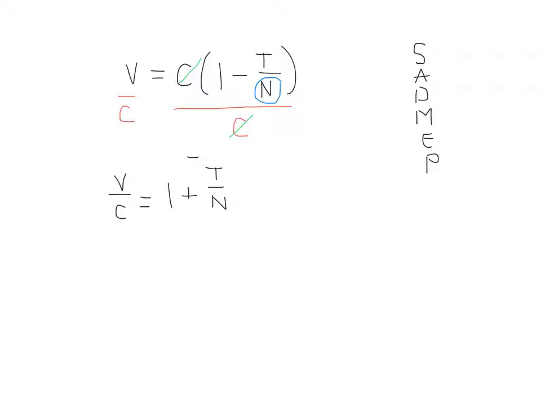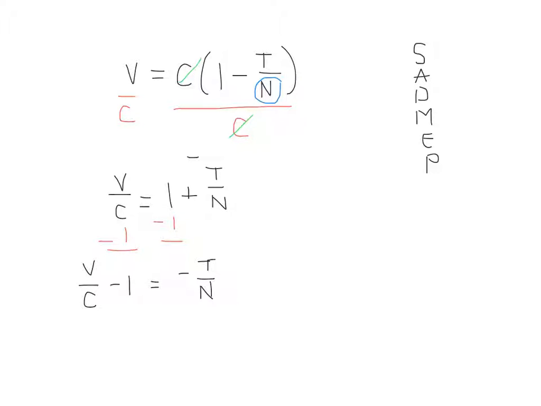So what we have added to that fraction that contains n is 1. So what we need to do then is undo that addition of 1 by subtracting 1 from both sides of the equal sign. That'll give us v over c minus 1 is equal to negative t over n.